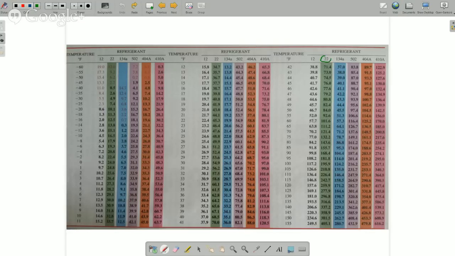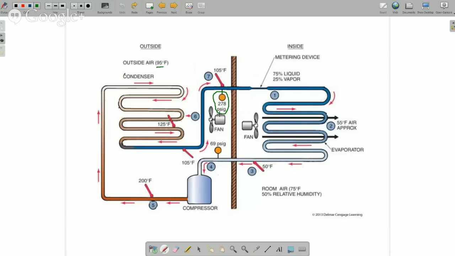This is that column right there. This is from our textbook. We're going to look at 278 psi, which is equivalent to 125 degrees, just like in our diagram over here. So it is 125 degrees.